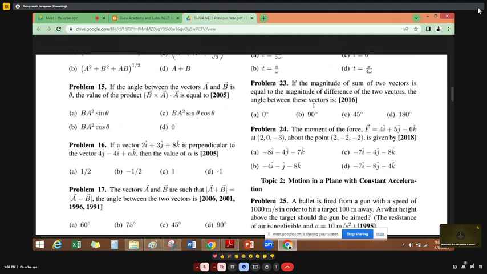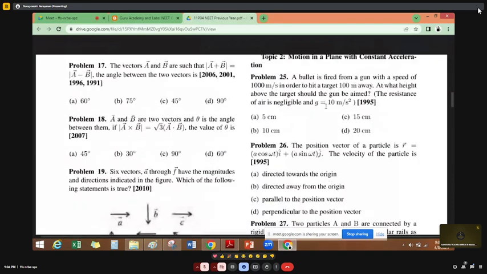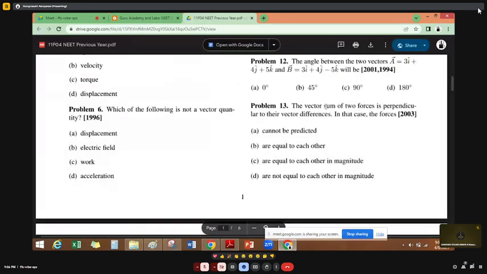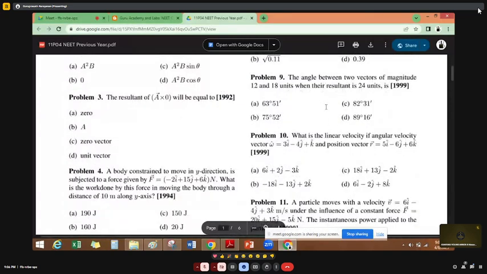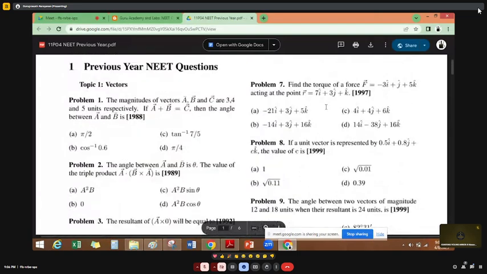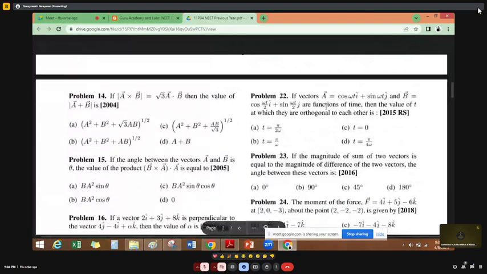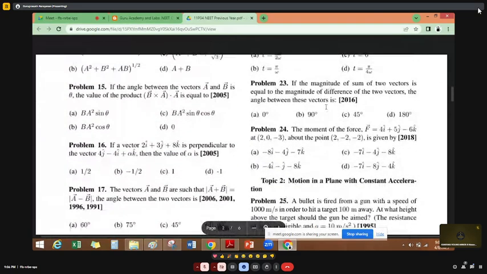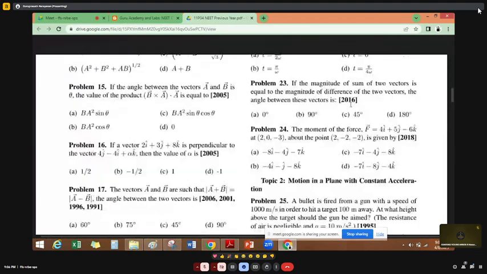So go back and check. Somewhere we saw A plus B, A minus B. Which problem was that? Yeah, this one, 17. So it's the same thing, they have given it in the sentence.